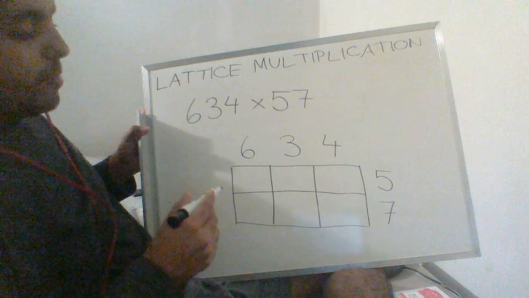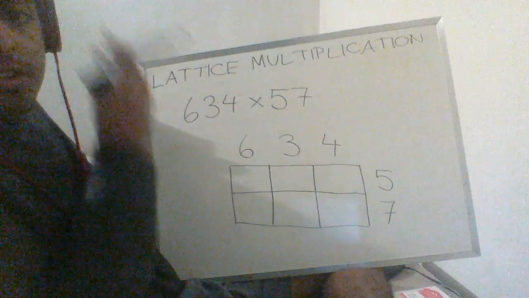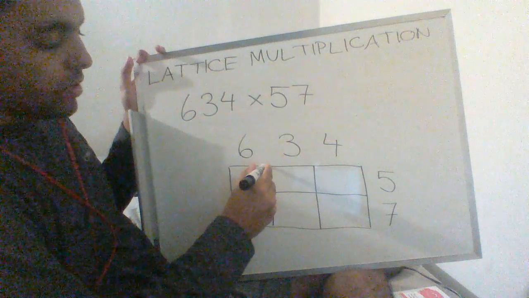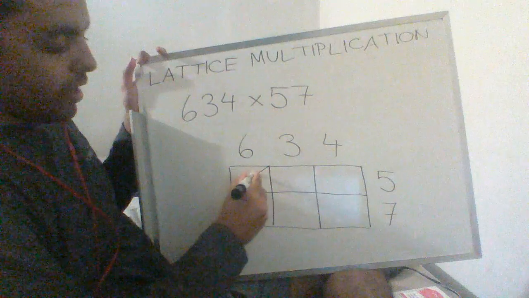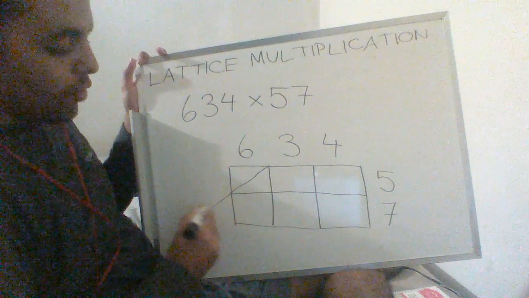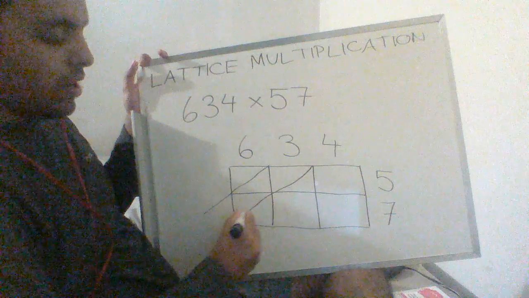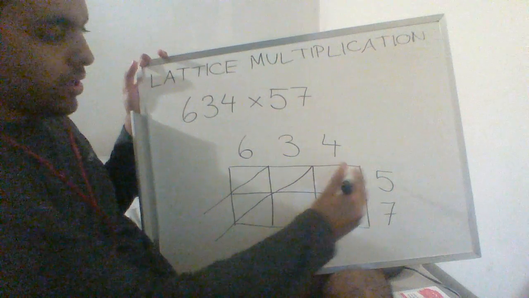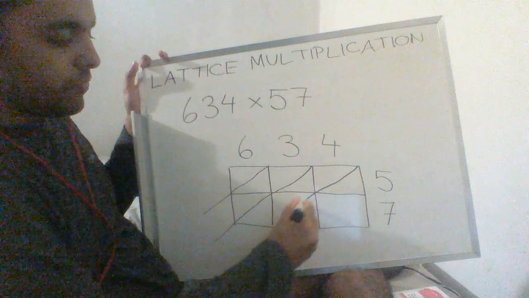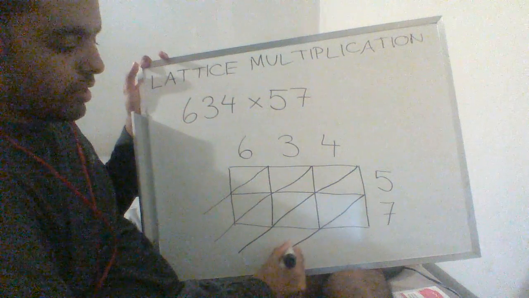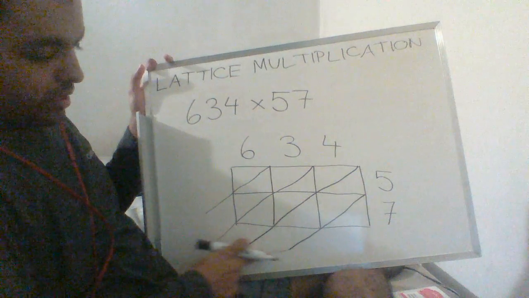You have to make diagonal lines, and you have to make sure that these go in the right direction, or else it'll mess up the whole problem. So you have to go from the top right to the bottom left, and extend it out past the end of the box. So when you're drawing these in your notebooks, try and draw the same box that I've got going here. Alright, something like that.